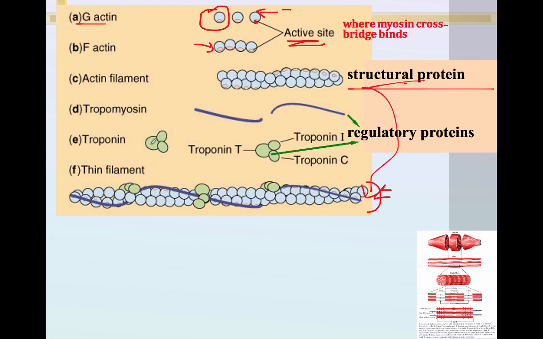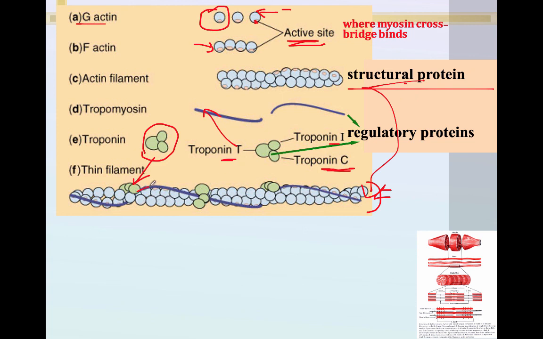The other part we have here is troponin. You can see the troponin here. There are 3 parts to the troponin. Troponin C, which as we'll find later on binds to calcium. Troponin T, which binds to this tropomyosin, and troponin I, which some people consider the inhibitory subunit of the troponin. 3 troponin subunits.